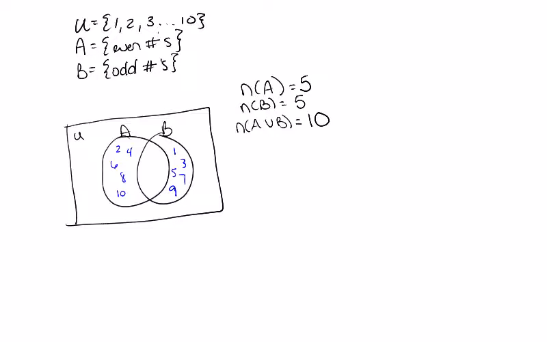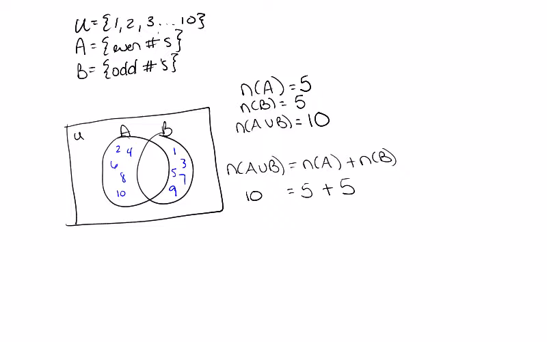Now wait a second, we just finished saying that if you want the number in the union, you cannot just add the number in one set to the number in the other set and expect to get the right total. But in this case, 10 elements in the union is equal to 5 plus 5. 5 elements for set A, 5 elements for set B. Why in this case does it work out that for the union we can simply add up the number of elements in each set?